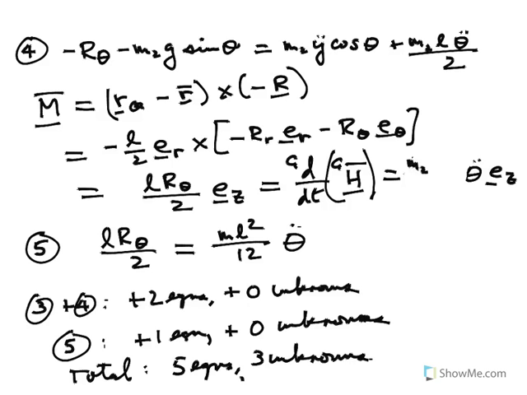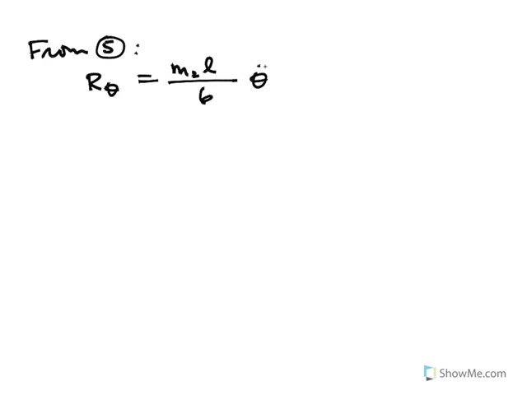This is m2L squared over 12 theta double dot. So now we can solve for R sub theta, and we get m2L over 6 theta double dot.